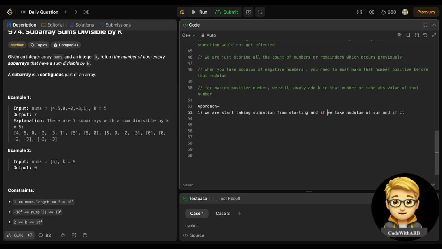And if the number is negative, then we will make it positive, and then we take modulus of the sum, right?